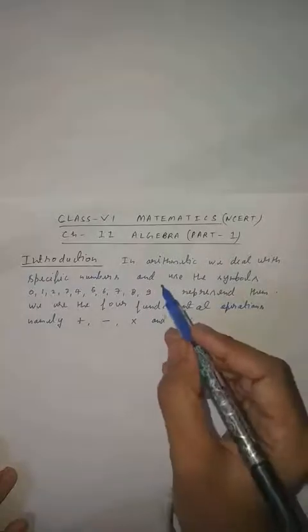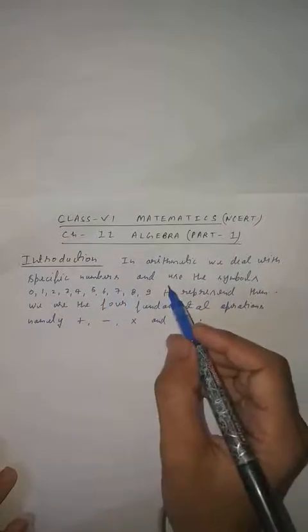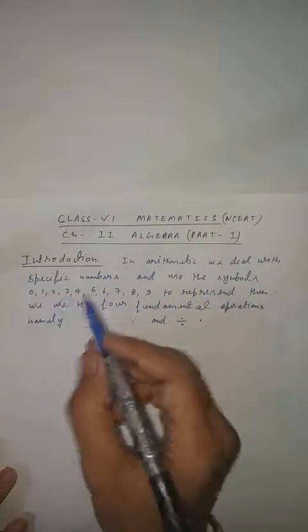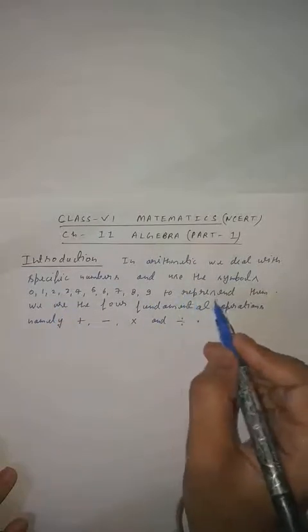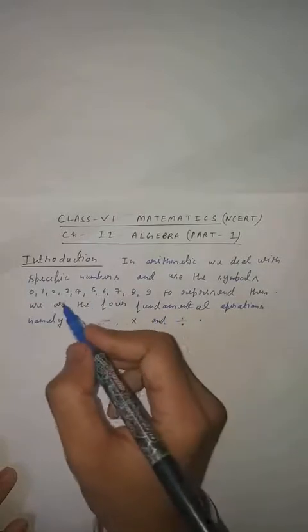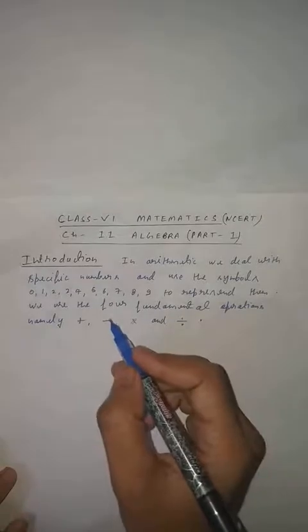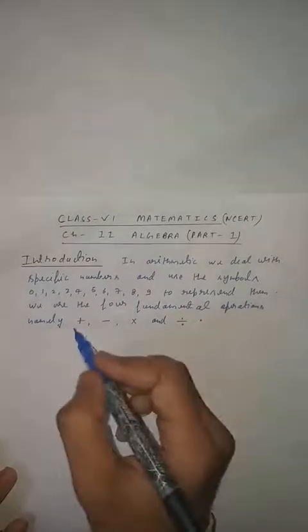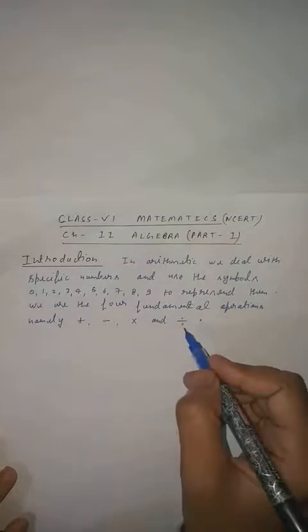As it is written, in arithmetic we deal with specific numbers and use symbols. Now what are the numbers? 0 to 9, you use these numbers to represent them. Like if you have to write 10, 11, 12, then you use these numbers from 0 to 9. And we use the 4 fundamental operations, namely addition, subtraction, multiplication and division.